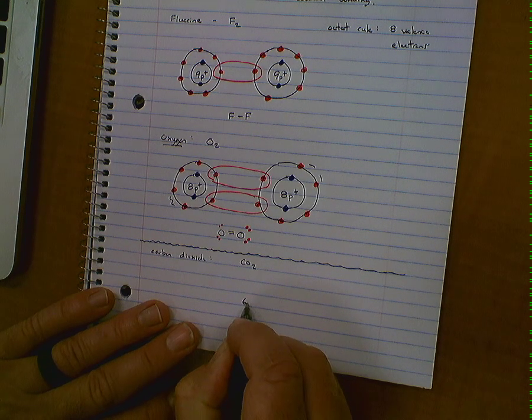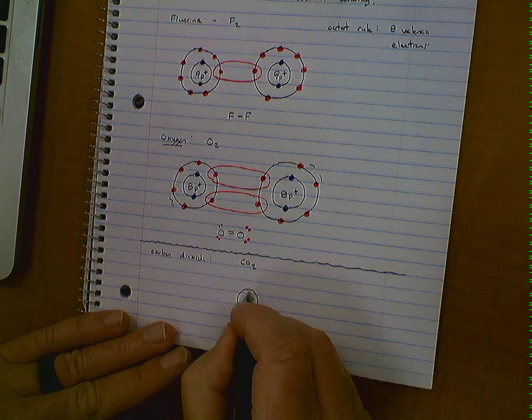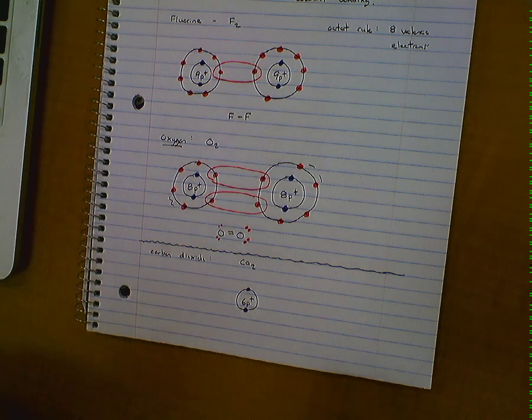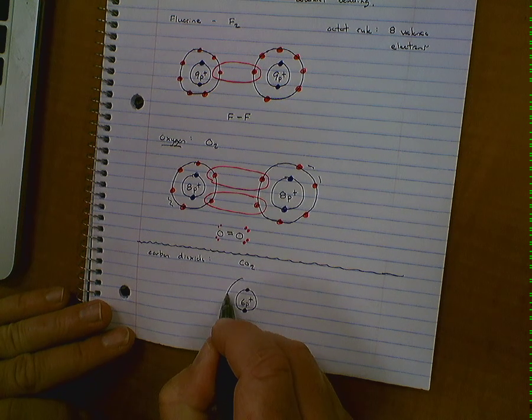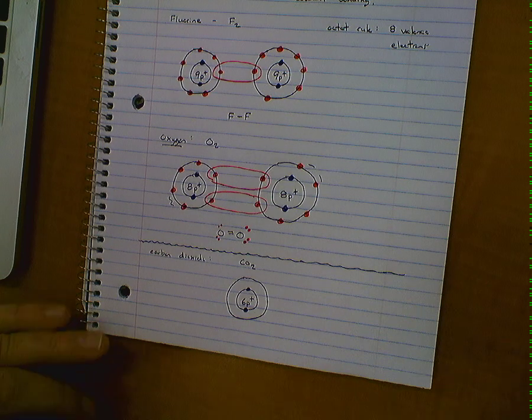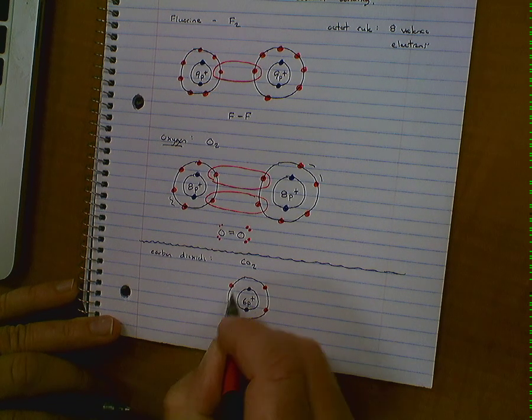So carbon with its 6 protons. First shell, again, it has 2. Second shell, to get to 6, it's going to have 4. So 4 valence electrons. I'm going to spread them out here, here, here, and here.